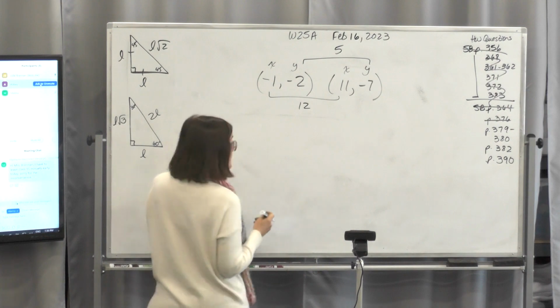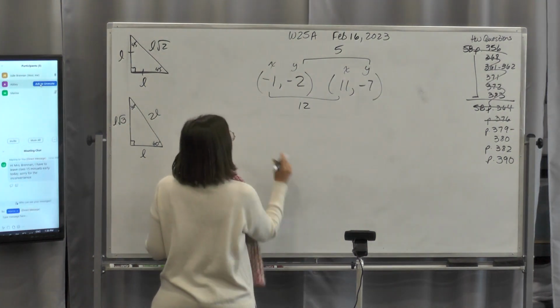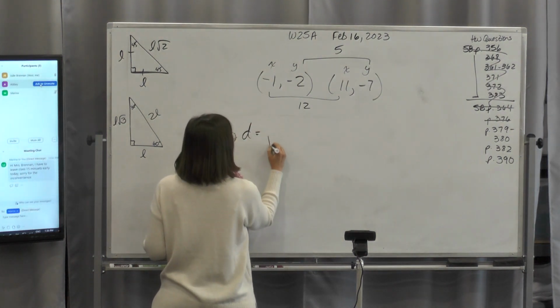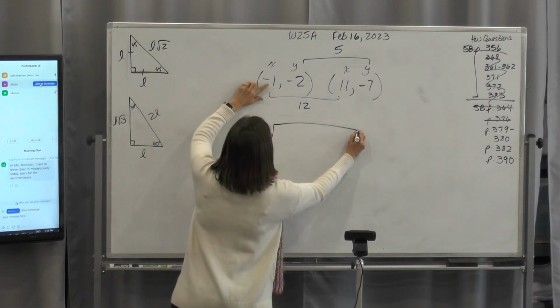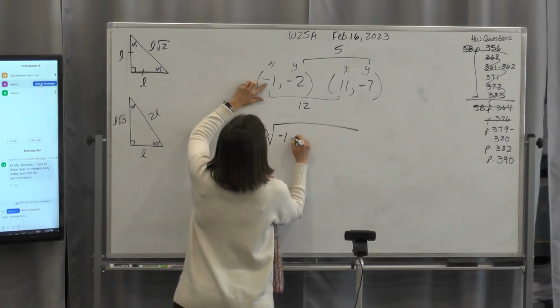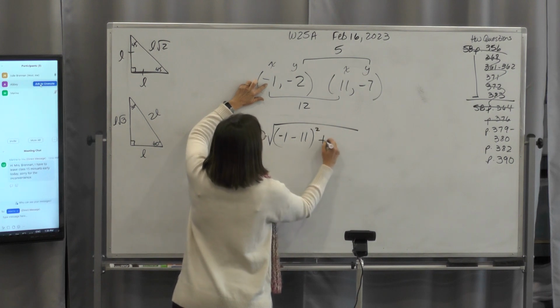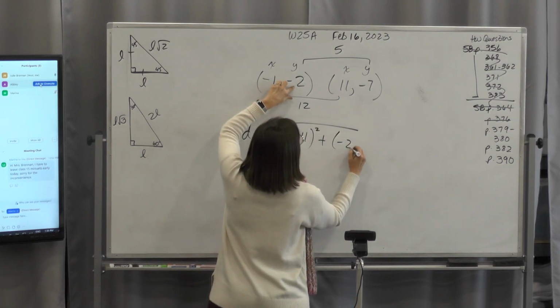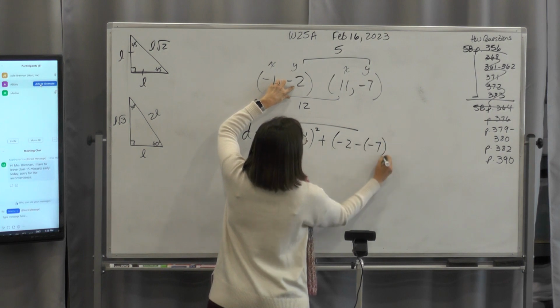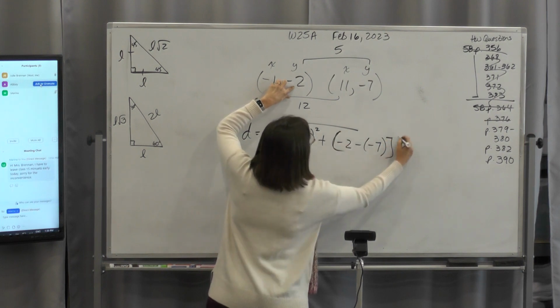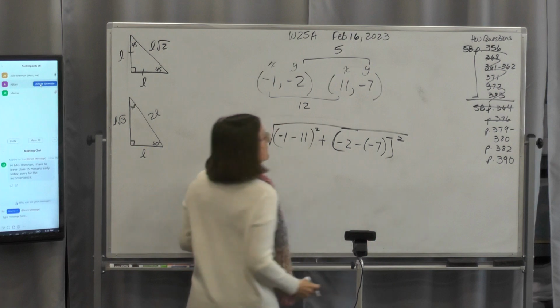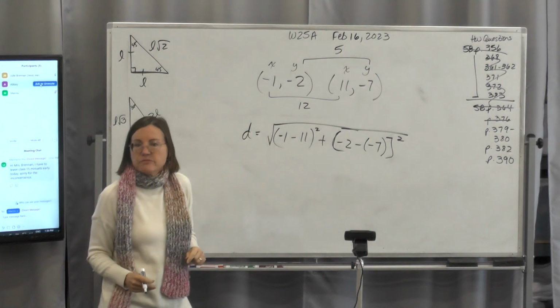If I did plug it into my distance formula, I would get the distance is equal to the square root of -1 minus 11, the quantity squared, plus -2 minus -7, the quantity squared. Do you see why I don't use the formula?